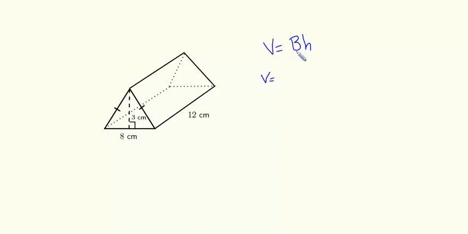So for the area of the base, you have to know the area of a triangle, which is 1/2 the base, which is a lowercase b, the base of the triangle, times the height of the triangle. So this is the area of the triangle, and then we're going to multiply the area of the triangle times the height of the prism, which is 12 centimeters.